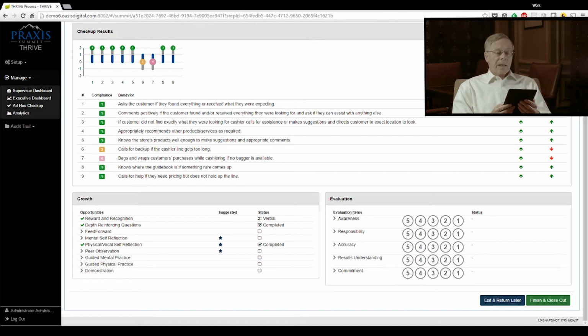And then tied into that is the growth and opportunities piece. This is where the real growth and learning happens. This is where the deliberative reflective practice philosophy comes in.